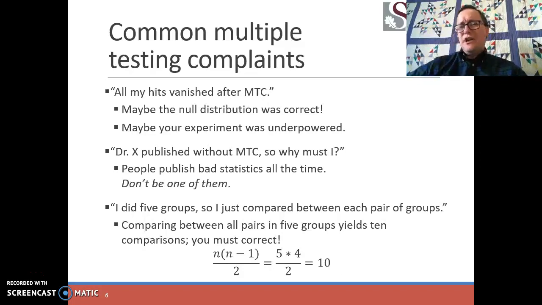Now, I'm going to talk about another way that multiple testing correction can sneak up on you. Imagine that you did 5 groups, groups A, B, C, D, and E, and now I compare each pair of groups, A's versus B's, A's versus C's, A's versus D's, etc. This is a lot of comparisons. In this case, I would have done 10 pairwise comparisons. B versus C, B versus D. It's a huge number of comparisons.